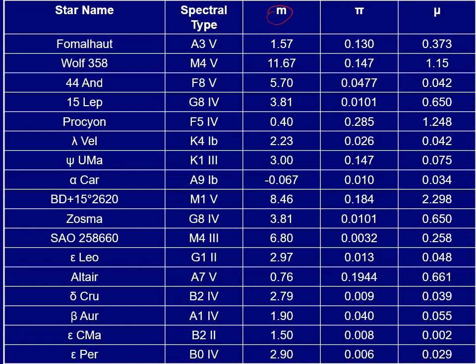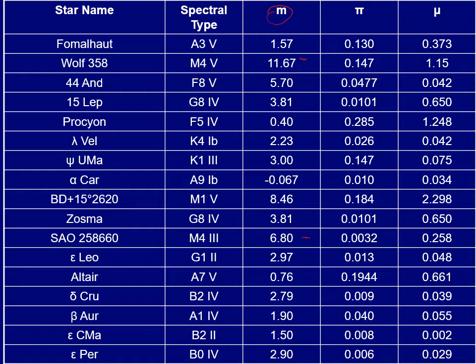So what's the dimmest star on the list? Well, the dimmest star on the list is the biggest number. That's right up here, the star Wolf 358. So that's the brightest and that's the dimmest. What's the dimmest one that you can see? Typically magnitude 6 is considered the dimmest. This one is almost magnitude 7, so that's too dim.